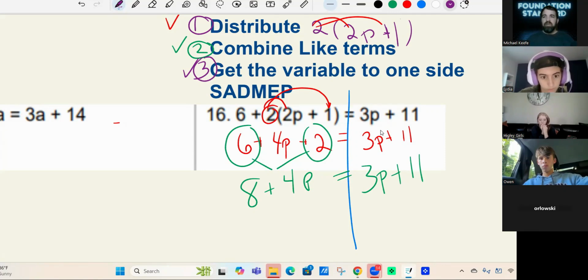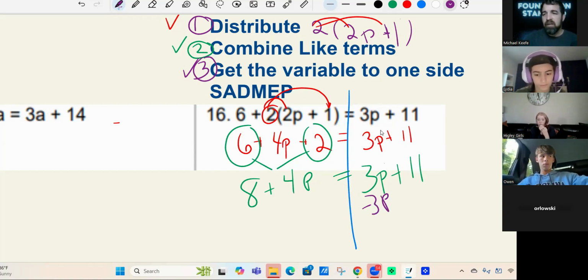So I'm going to move it to the other side, and I'm going to ask myself, which one of those is smaller, 4p or 3p? And I would take the smaller one. So since the 3p is smaller and it's positive, that's why I'm subtracting this. So it's a positive 3p. I'm going to subtract that because I want to move it to the other side of my equation.